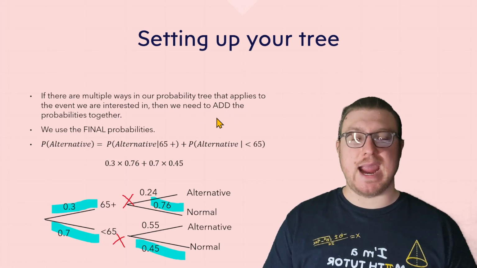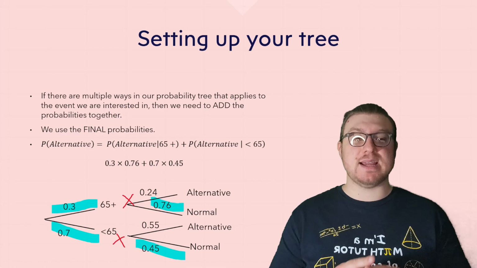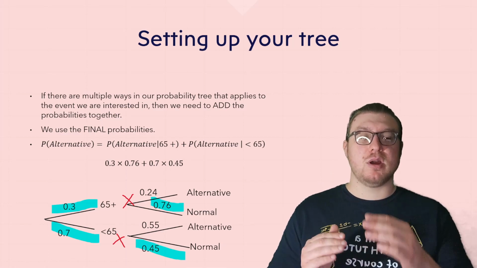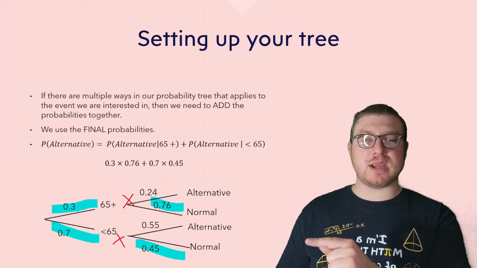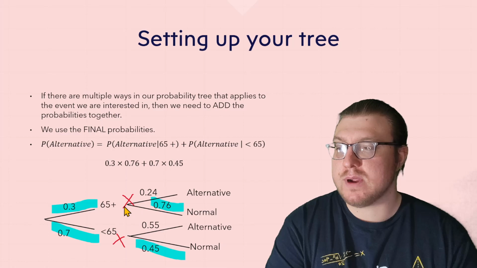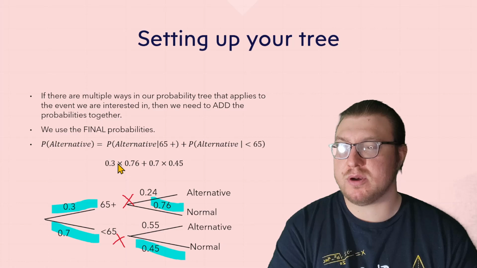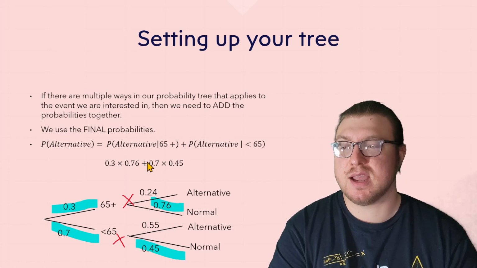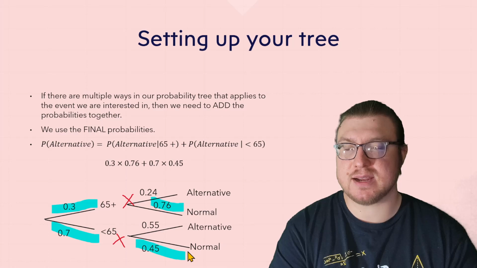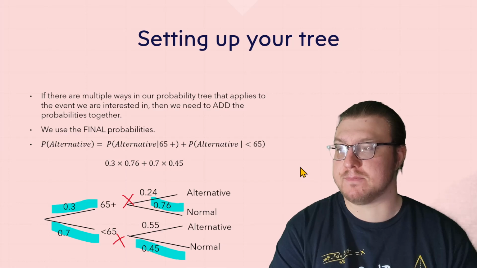And when I say add, I'm talking about the end probabilities, the probabilities that we're calculating at the end. We're checking each of these outcomes and we're going to add them together. So let's have a look here. We have the way 65 and over and normal. So 0.3 times 0.76. And we're going to add that with the second pathway, which is 0.7 times 0.43.